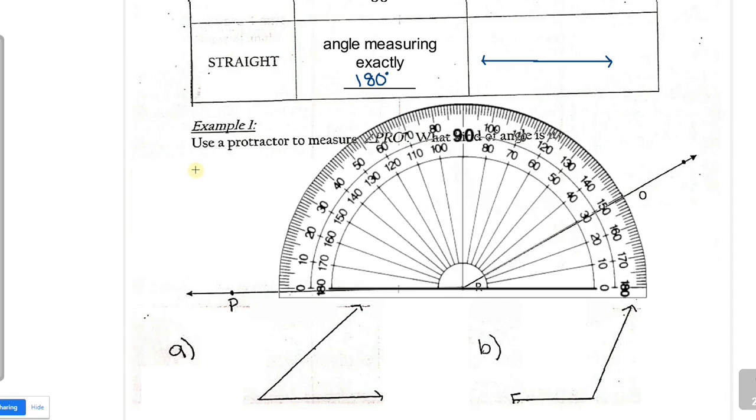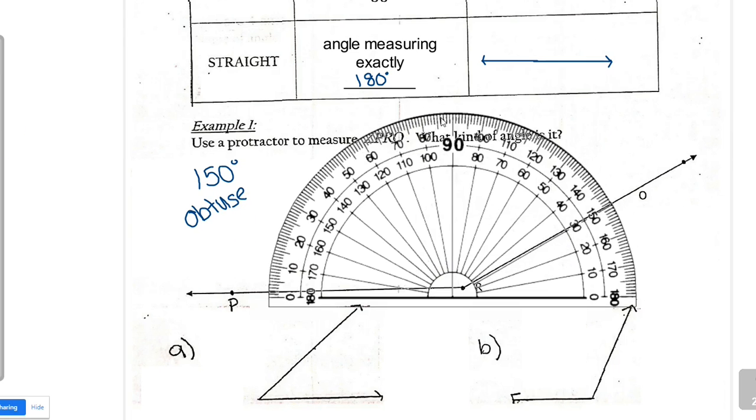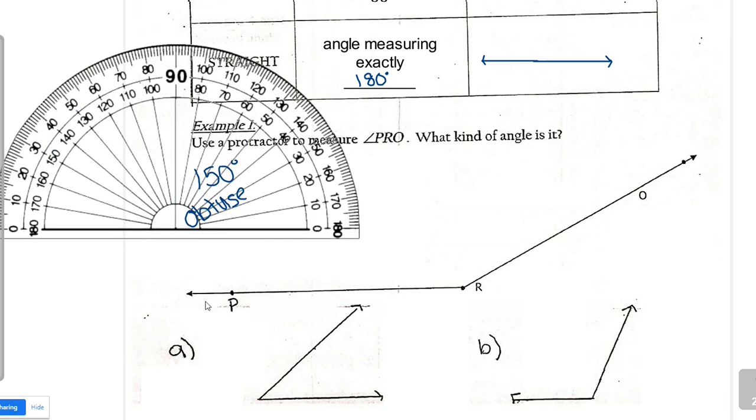So our measurement is 150 degrees. Anything larger than 90 degrees makes it an obtuse angle. So this is obtuse, and you can actually see it as well. It's more than our floor and our wall.